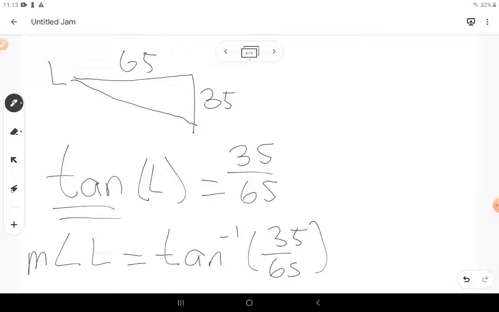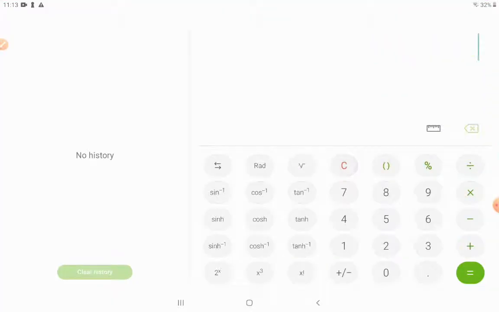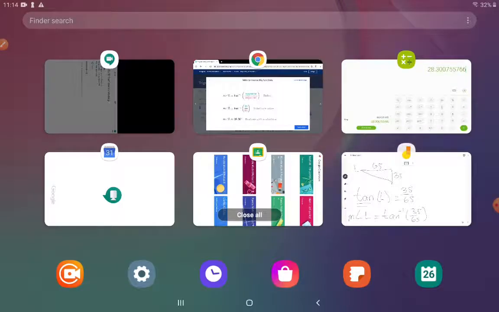So take out your calculator. I kind of already did it. Remember, that's the tangent inverse of 35 divided by 65. The measurement of angle L should be 28 3/10 of a degree. So let's go back.